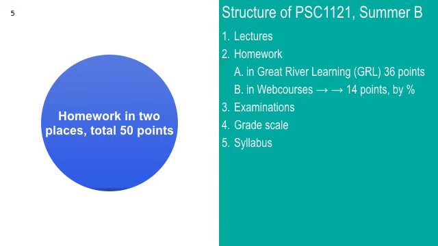There's also going to be some study sets for you to work on in web courses. I'll convert that to 14 points by percentage. There's going to be a zillion questions over there in web courses for you to work on, and those will be converted down to 14 points. So the total is 50 points for homework.